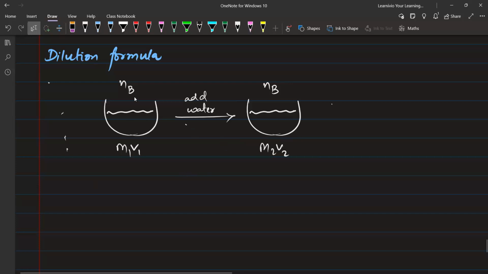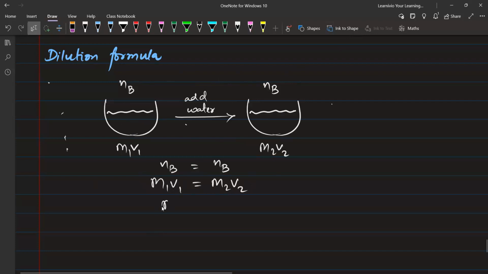So I can say that since the number of moles is equal in the first and the second case, before dilution and after dilution, M1V1 is equal to M2V2. Does it make sense? Yes or no? Please tell me. Right? Why? Because number of moles before dilution will be equal to number of moles after dilution.